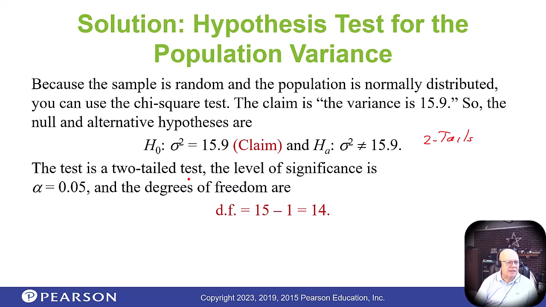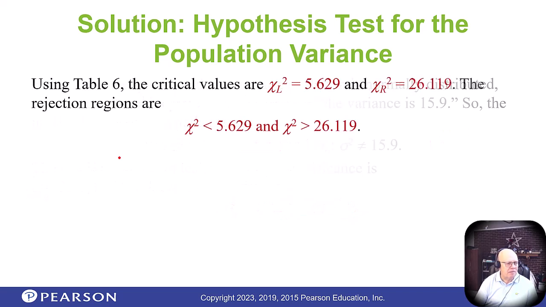Level of significance, that's easy, right? Level of significance, 0.05 split in half. And here are critical values. This is the one on the left. This is the one on the right. So what are we looking for?